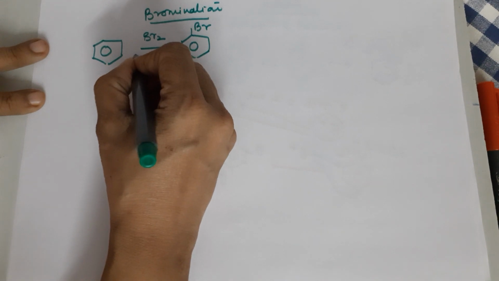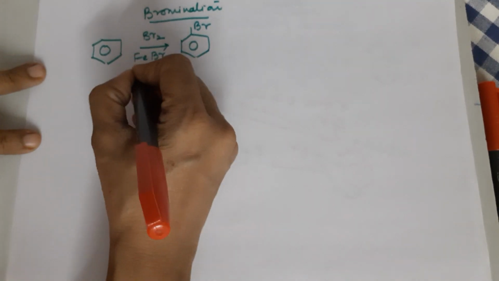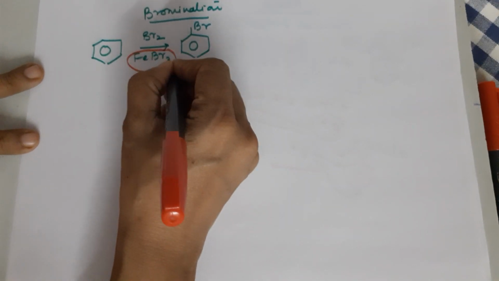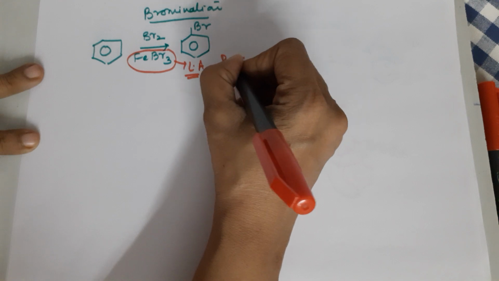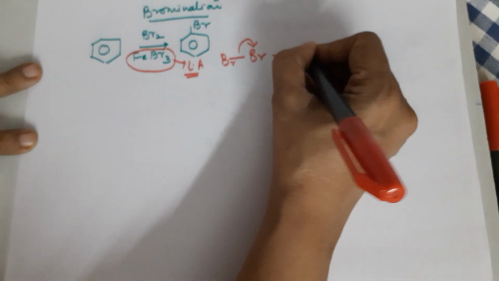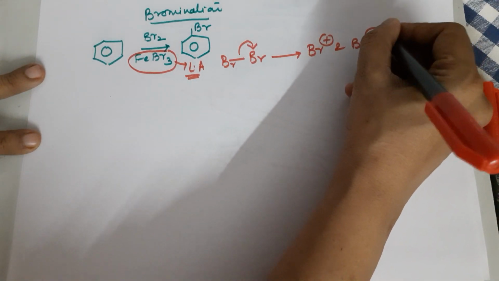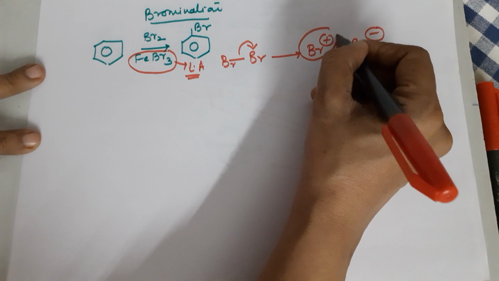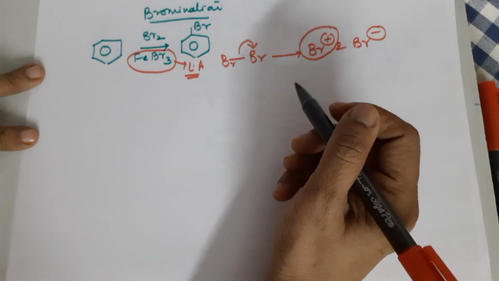You add Br2 as well as FeBr3, where this FeBr3 is your Lewis acid. This helps you to cleave the Br-Br bond heterolytically, leading to a Br positive and a Br negative, and so your Lewis acid is required for electrophile generation as done in class 11.